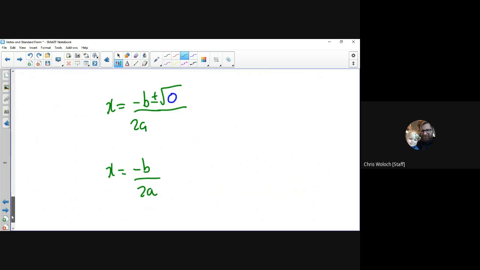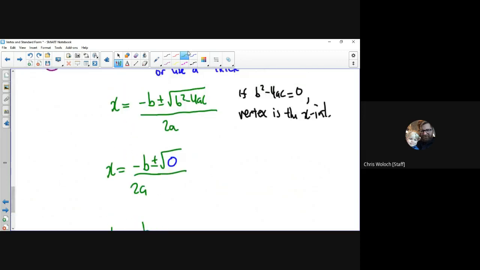So now if I think about the picture, I have some parabola here where I know it only has one solution. So here's an example of one, right?